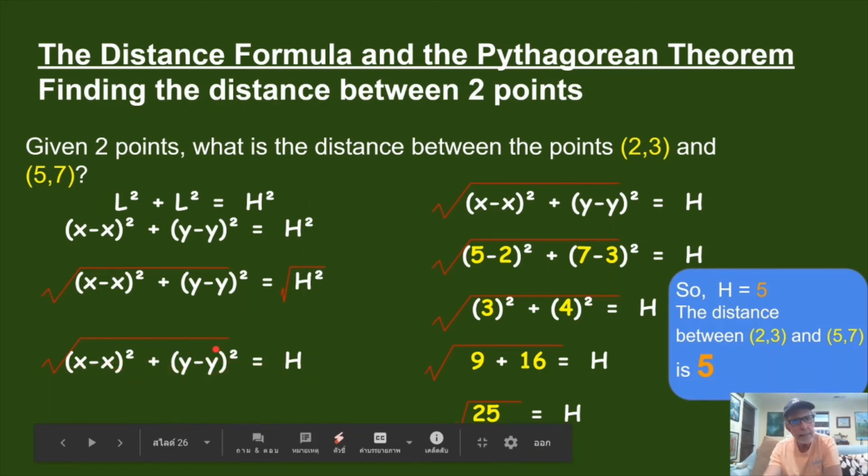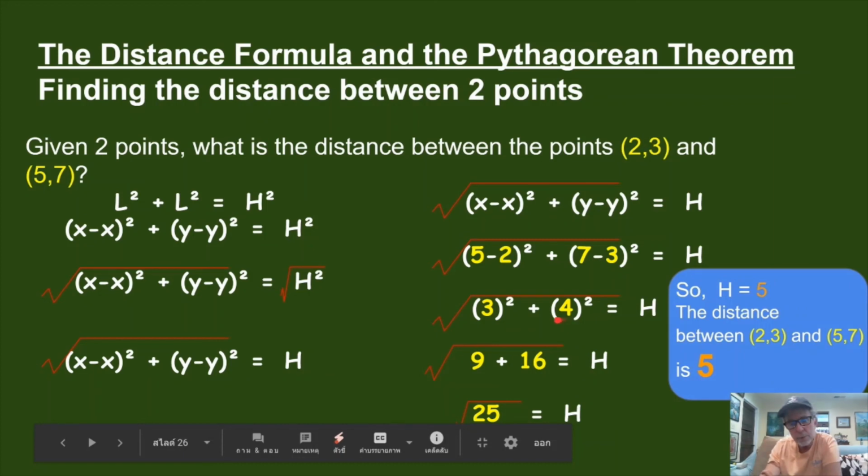And so I kind of explained it without a graph there, but here's the distance formula. And so what is the distance between these 2 points? Well, let's use the distance formula. The x coordinates are 5 and 2, so in the x direction, it is a difference of 3. And the y coordinates are 7 and 3, and in the y direction, which goes up and down, we have a difference of 4.